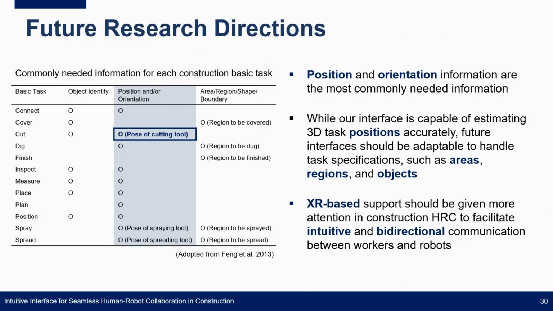As we can see, position and orientation information is commonly needed in most of these tasks. So regarding our didactic gesture-based interface, while it can accurately estimate 3D task positions, future interfaces should be adaptable to handle complex task instructions, not only for a specific location, but also for areas, regions, or objects to be handled by robots.